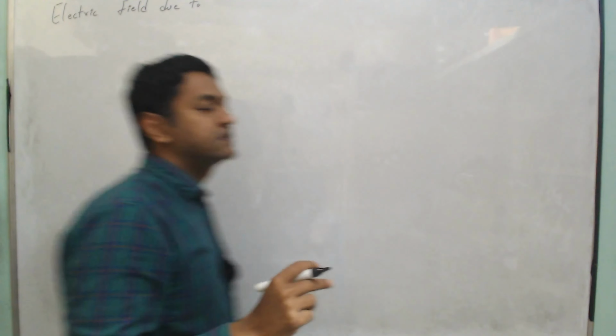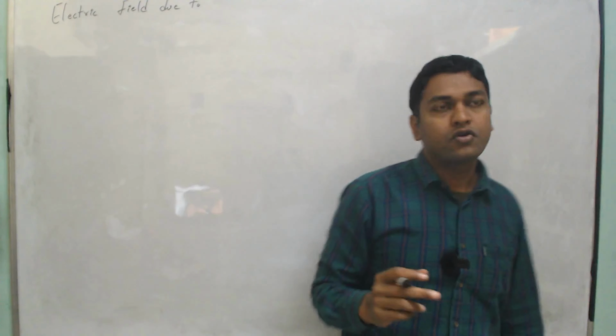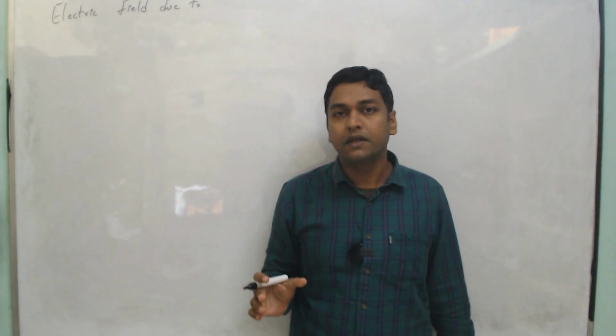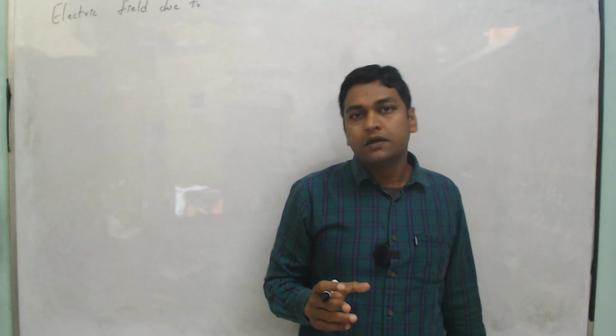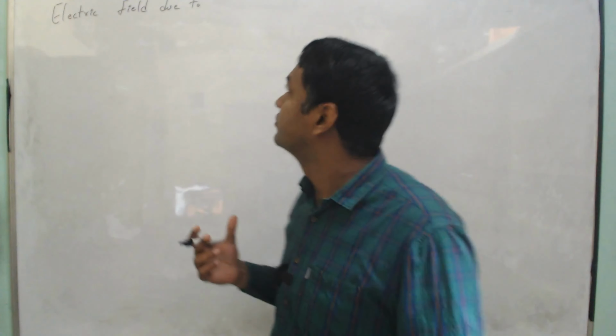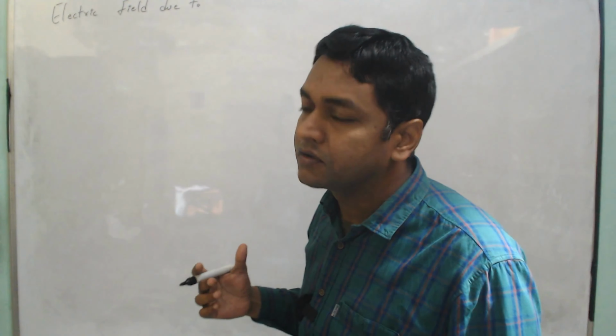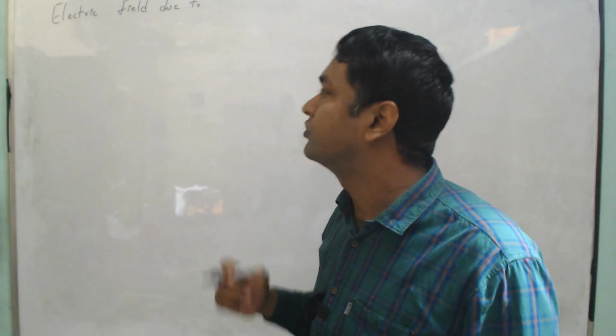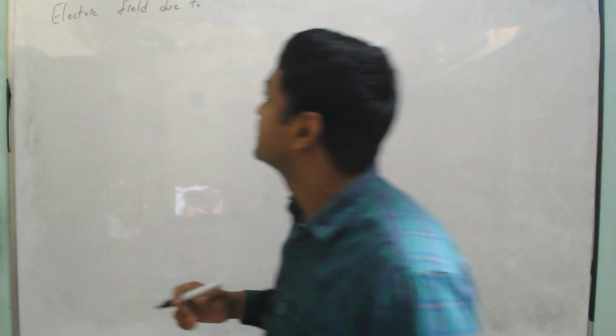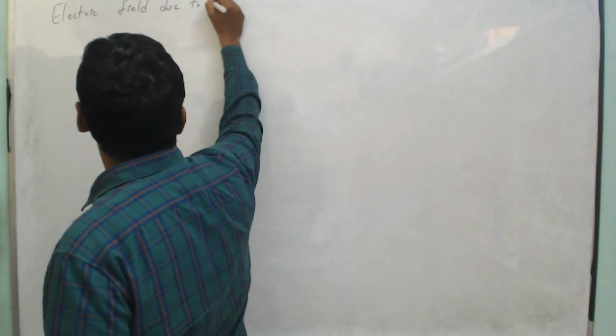So yesterday we said electric field due to a thin rod on the equatorial line. Here we are seeing electric field due to a thin rod at a point.